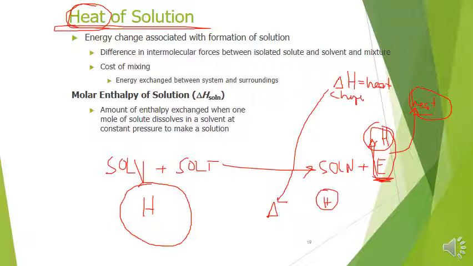When you actually look at the chemical reaction, it has a change in enthalpy, which is equal to the difference, and it will manifest itself as heat. So when we say heat of solution, it relates to the enthalpy, and usually we want to do it in terms of moles to be specific about a type of reaction.